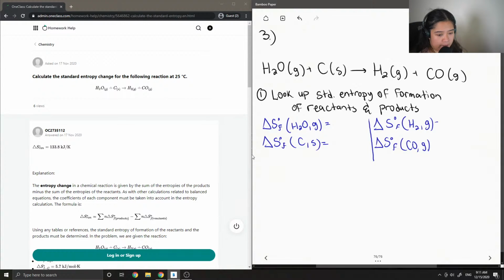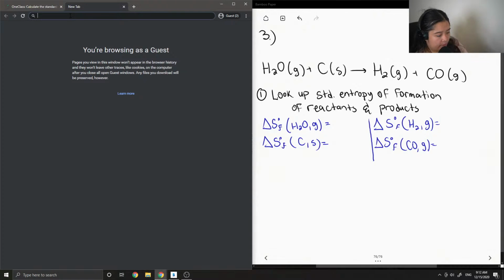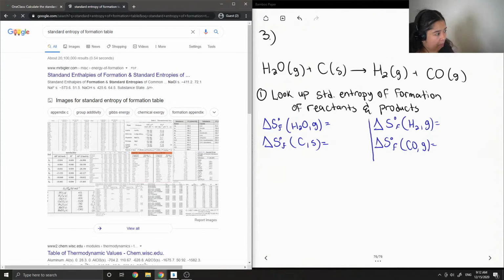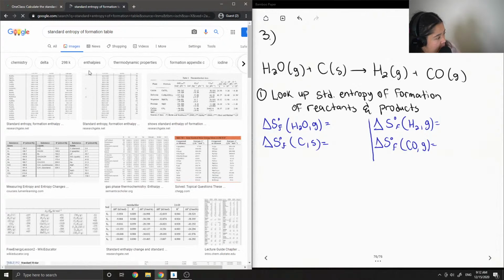But I will just look it up on Google. Standard entropy of formation table. And then you'll see that most of them are all given.